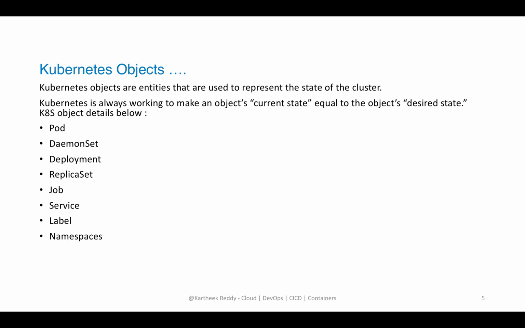So Kubernetes objects are pod, daemon set, deployment, replica set, job, and many more. If you want to know what these objects are, we can simply have a look at each object and the functionality of each object.